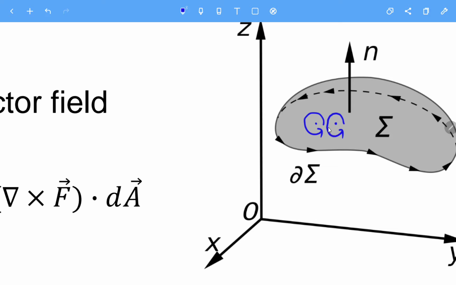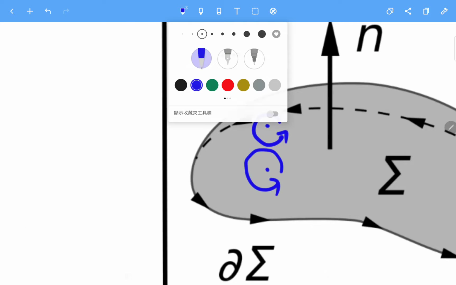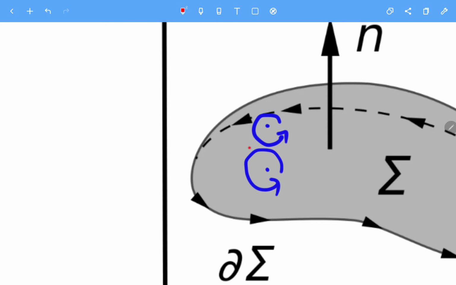Maybe I did not draw very well, but for this one, it is rotating like this. At this point, this is pointing to the left side, and this is pointing to the right side. So for adjacent points within this area, these two vectors are canceling each other. The only remaining one simply lies on the boundary.